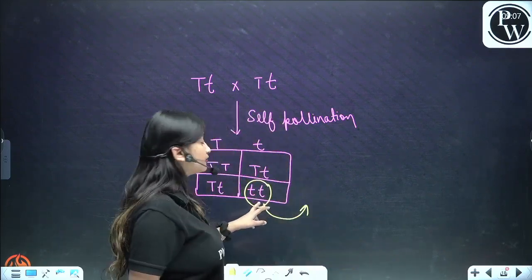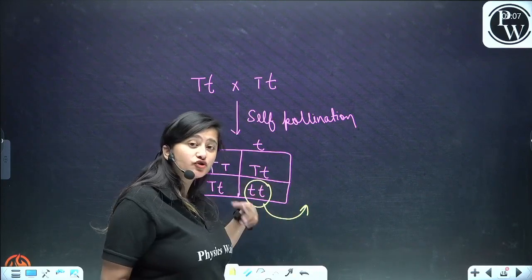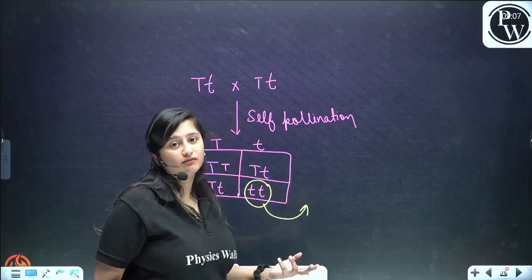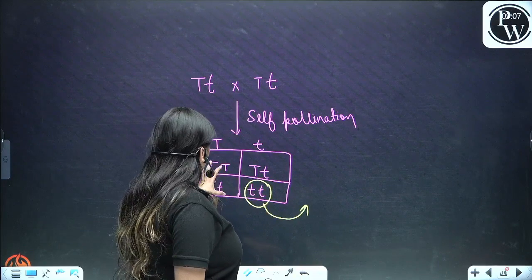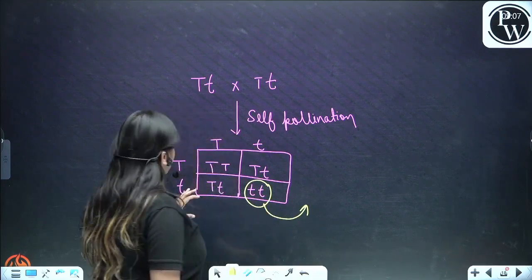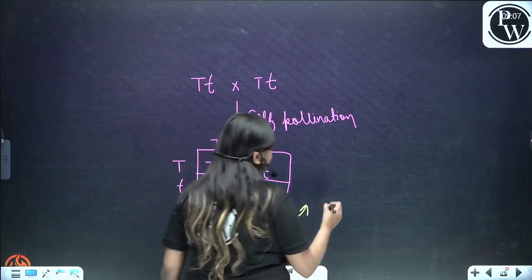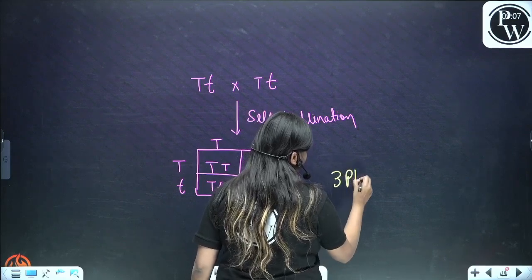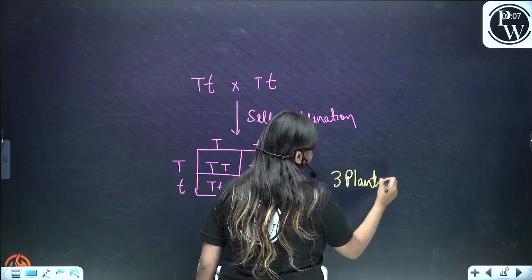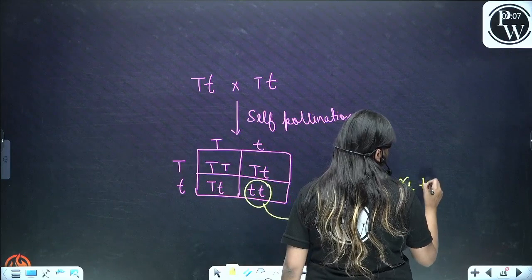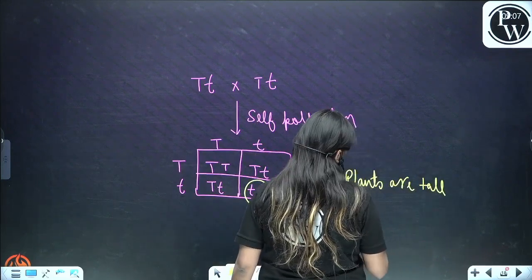So that is the one. That recessive one showed itself. Now here is 3 plants are tall. 3 plants are tall. 1 is short.